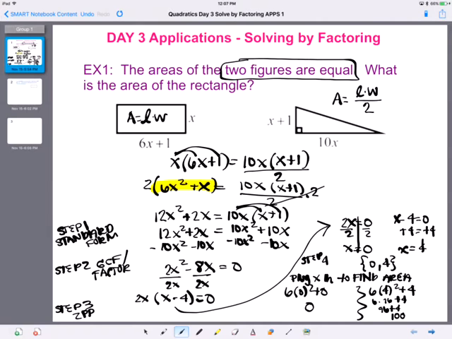An area of 0 for our rectangle does not make any sense, but 100 does make sense. So I'm just going to add 100 units squared, and I just found the area of my rectangle. So you need to make sure that your solution makes sense.